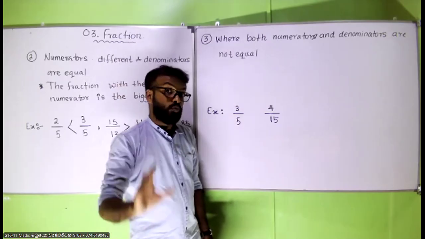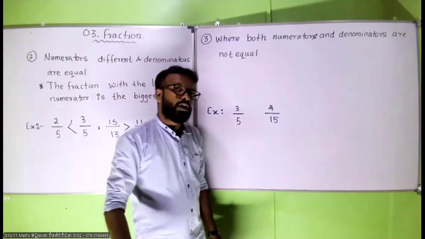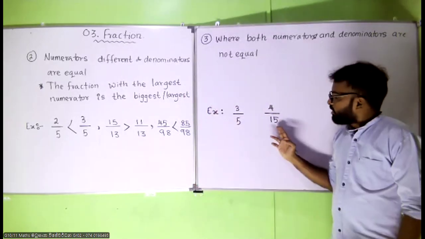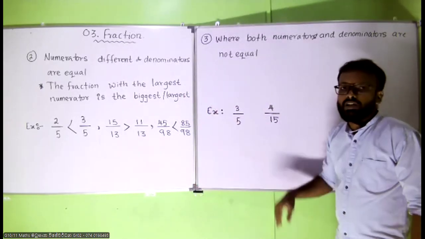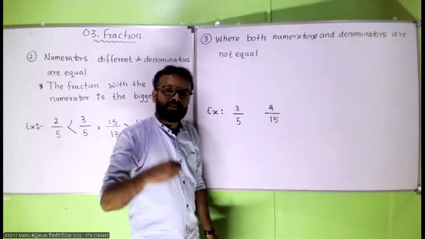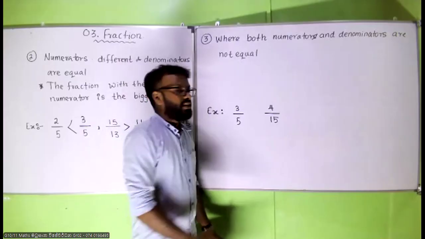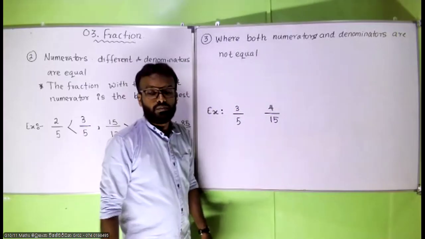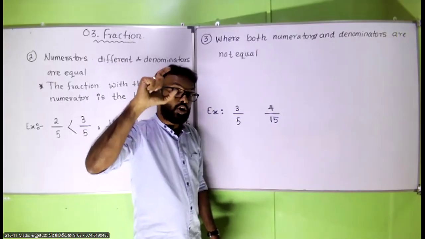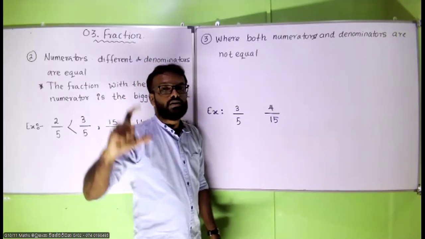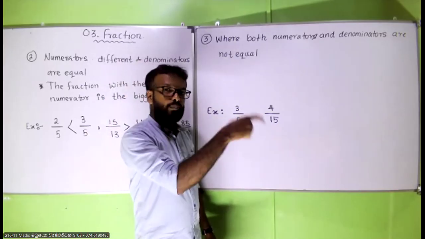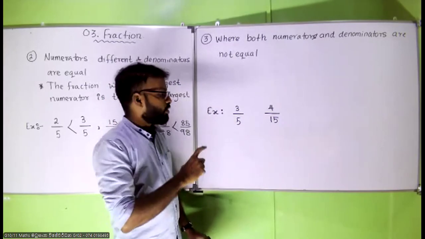Why are we going to find the LCM? So I can convert this 5 into 15. This 15 is your LCM. I hope you have the proper knowledge of how to find the LCM. We are coming to that part later, but you need to know that.